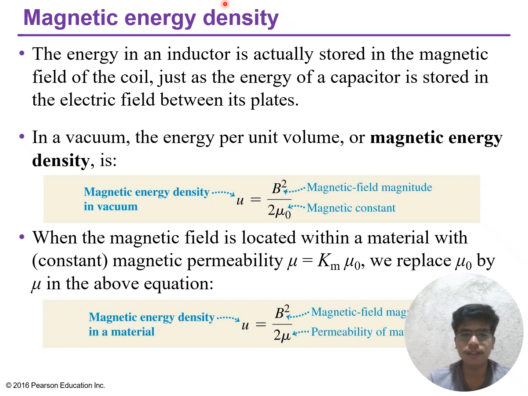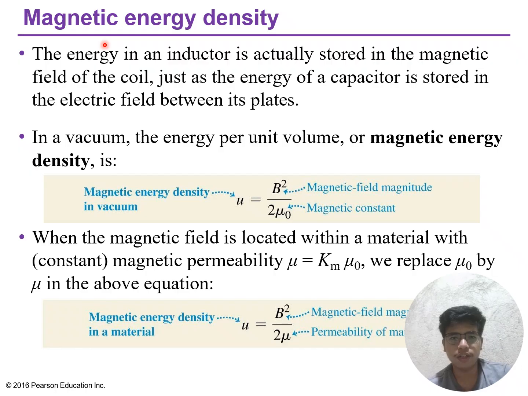Now the magnetic energy density. A capacitor stores energy in its electric field, U equals 1/2 epsilon naught E squared, and an inductor stores energy in its magnetic field. Energy density, or u sub m, is energy per unit volume, measured in joules per cubic meter. For a uniform magnetic field, u sub m equals B squared over 2 mu naught, where B is the magnetic field strength in teslas, and mu naught is the permeability of free space, 4 pi times 10 to the power negative 7 tesla meter per ampere.